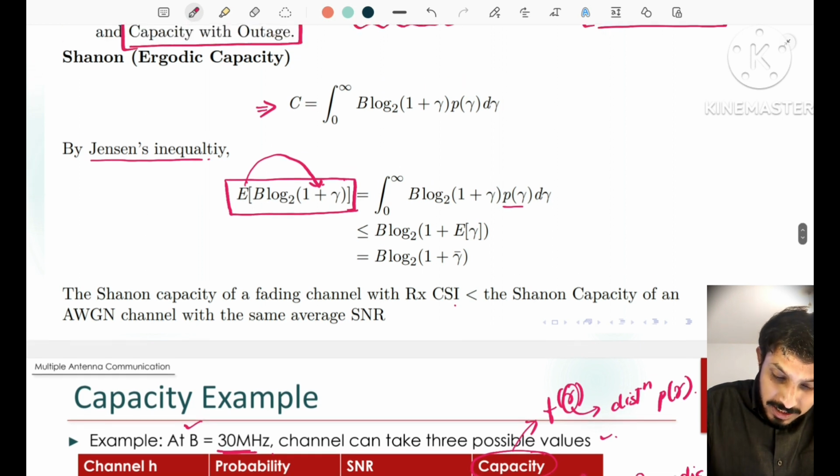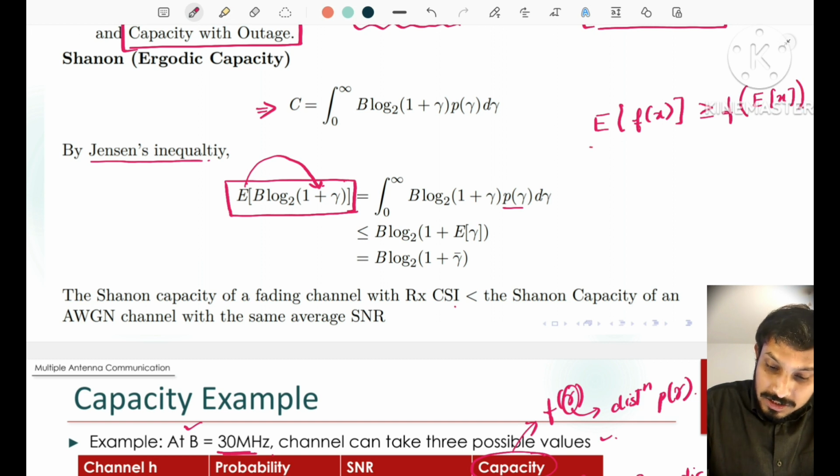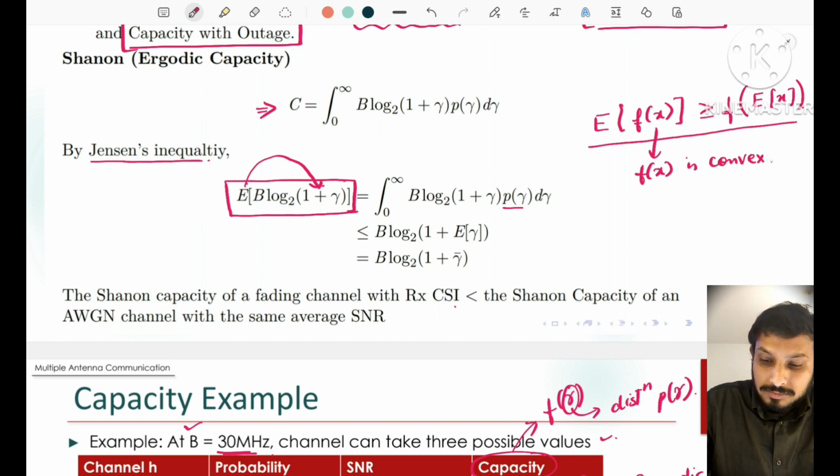Jensen inequality states that E of f of x is greater than or equal to f of the expectation of x, and this is true when f of x is convex.